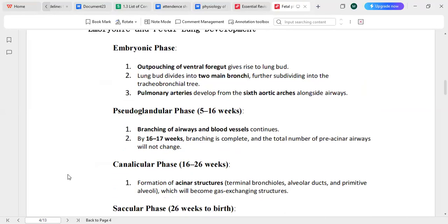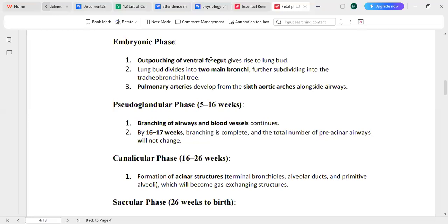Now we're talking about the embryonic phase. Outpouching of the ventral foregut gives rise to the lung bud. The lung bud divides into two bronchi, further subdividing into the tracheobronchial tree. Pulmonary arteries develop from the sixth aortic arches alongside the airways. Okay, I've told you many times to read things like a storybook.